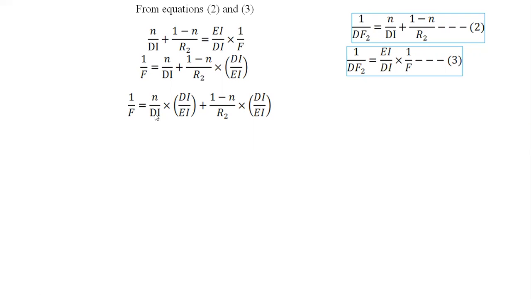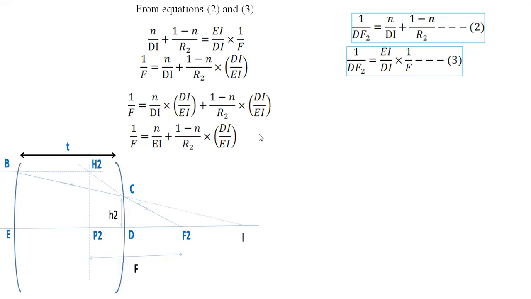Here di and di get cancelled, and the equation becomes 1/f = n/ei + (1 − n)/r2 × di/ei.